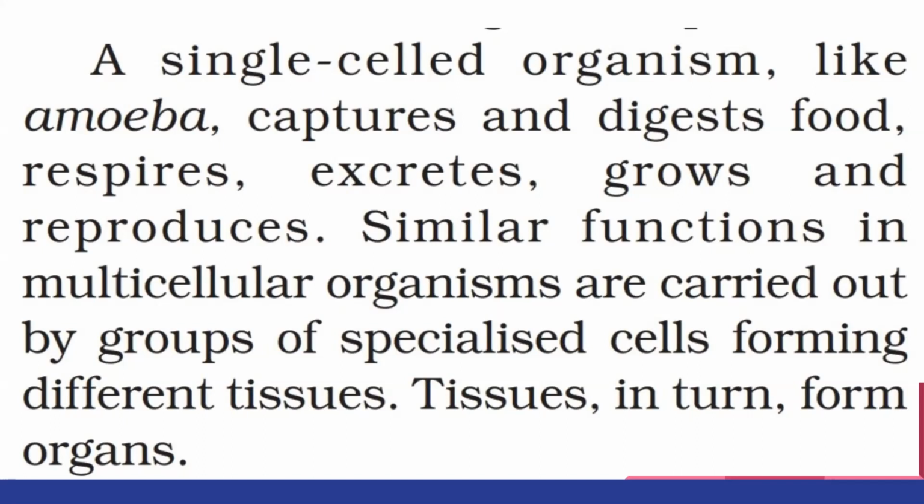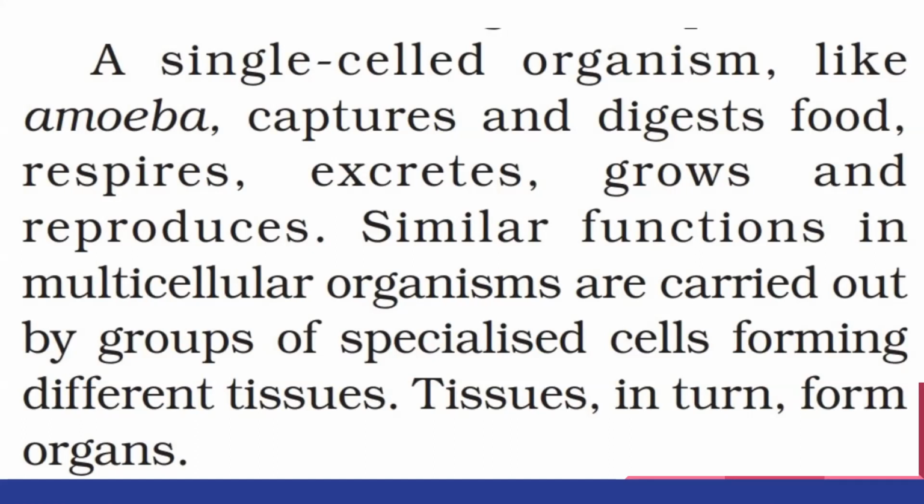That is, in the organization of the living world, we can say the cell represents the lowest level, that is called the cellular level. Life activities in a multicellular organism are performed by groups of specialized cells forming different tissues, which in turn form organs.